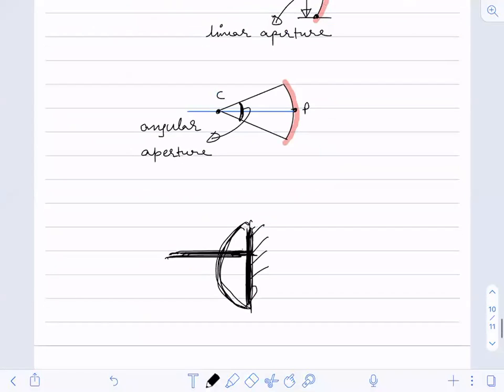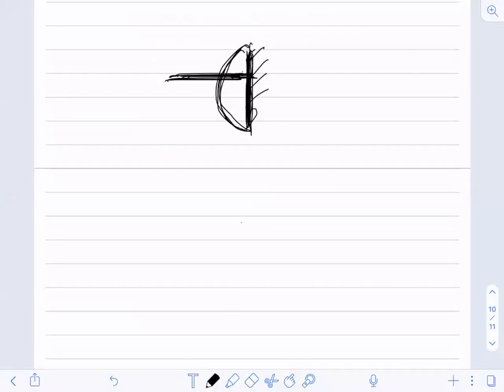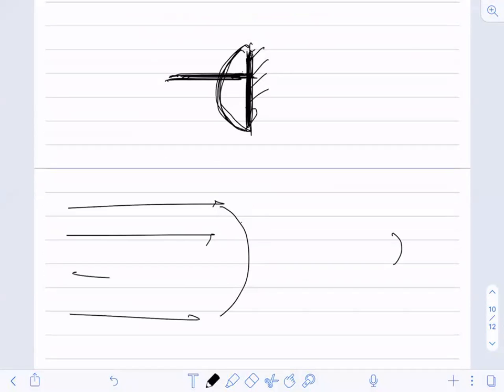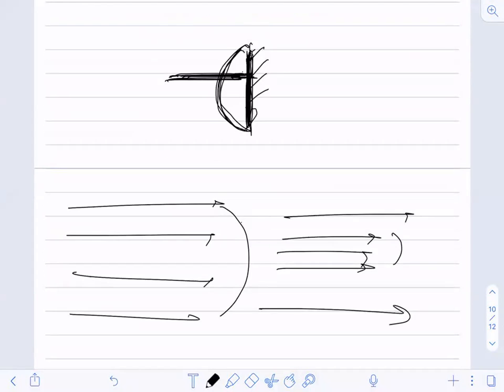See here, suppose this is the aperture and this is the aperture, the two cases I'm taking. Now the light rays are coming like this, and light rays are here also, same case. This can capture less amount of light, this can capture more amount of light. So if this is capturing more light, the image clarity will be better.